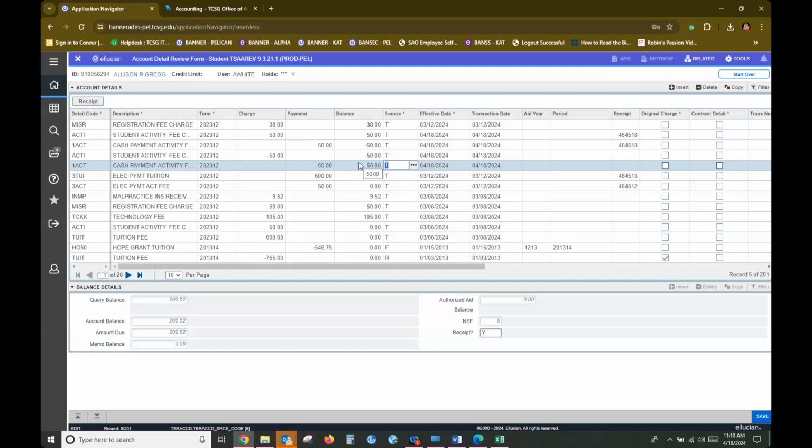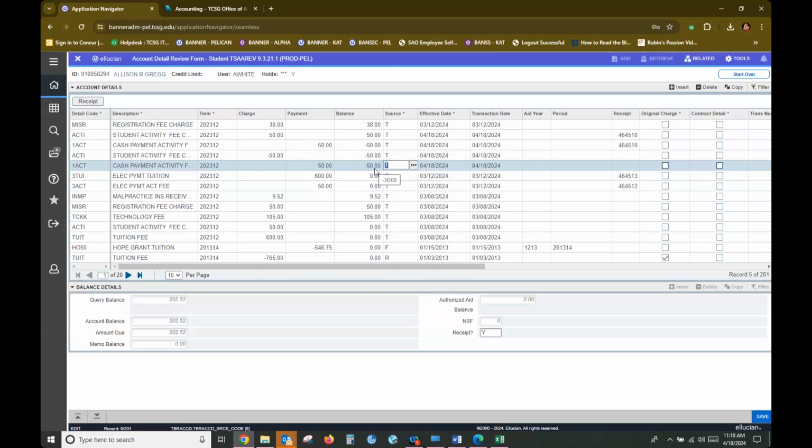Then you just have to keep doing entries until you figure out what you did so that you can fix it, right? So in this particular case, if I were to go here and put $50, it's going to make that a 50. Well, then if I look here, I have a negative 50 and a negative 50. A negative 50 and a negative 50 do not make zero, right?